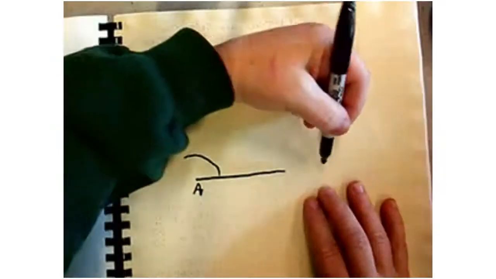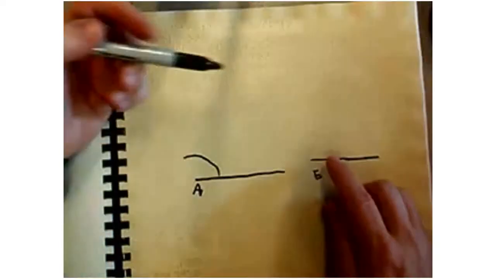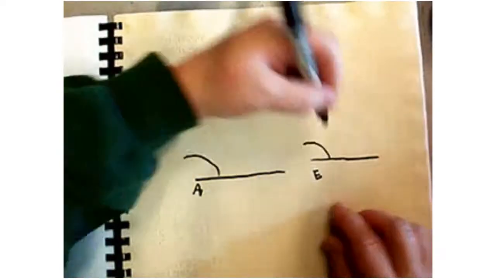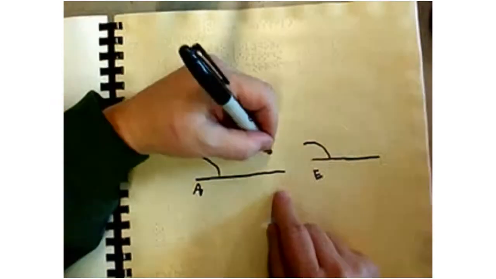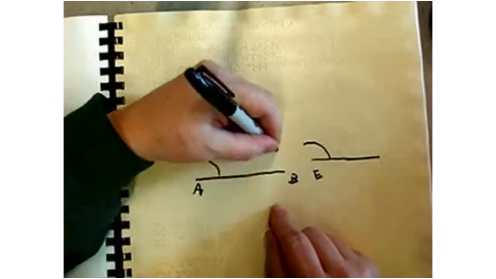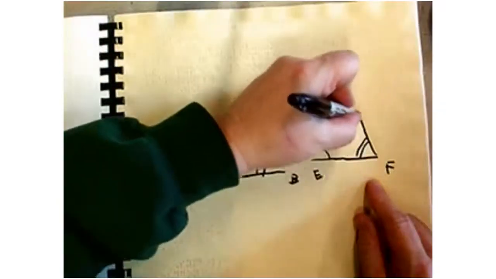The figure to the right, the bottom left-hand corner, is E, and it has one congruency arc. So A corresponds to E. The bottom right is B, and it has two congruency arcs, and it corresponds with the bottom right F of your figure to the right.